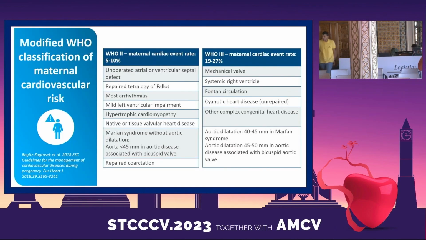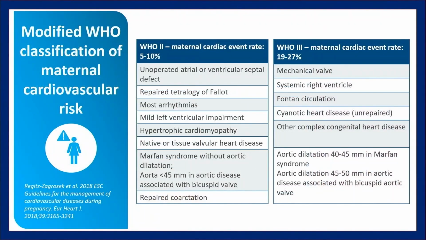I think the modified WHO classification is very useful for risk prediction. Why? Because there are 4 groups. WHO 1, where you have minor cardiac disease, like an operated atrial septal defect. That's group 1. They have a minimal risk.